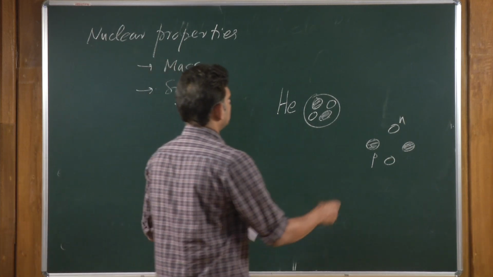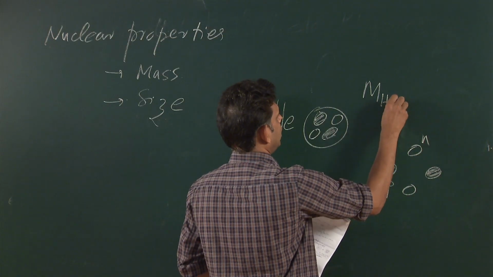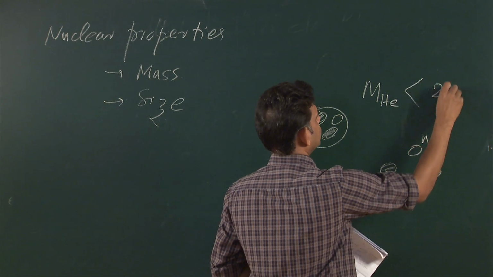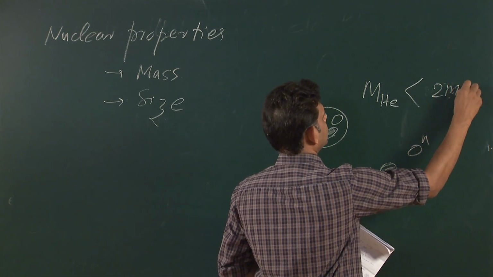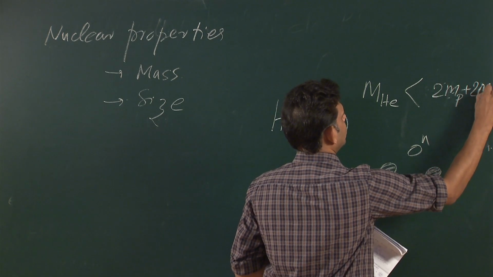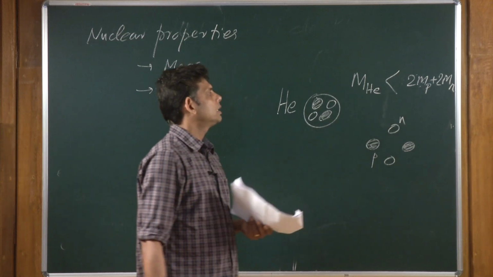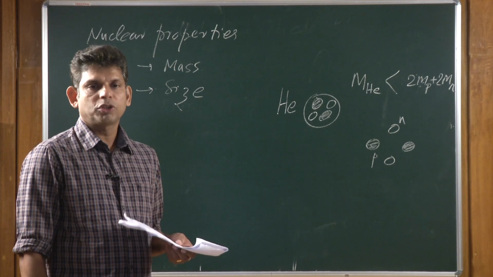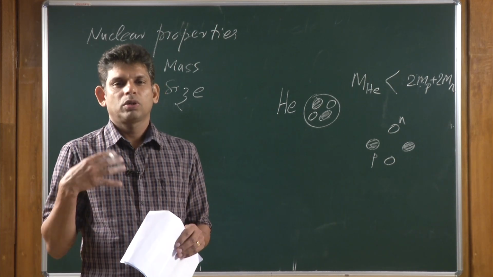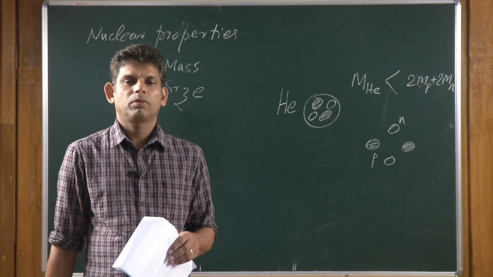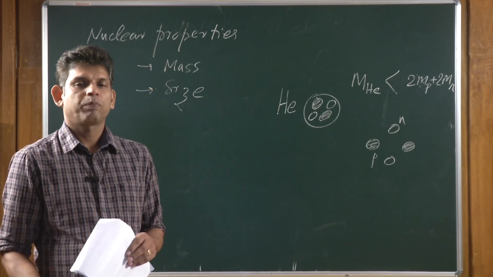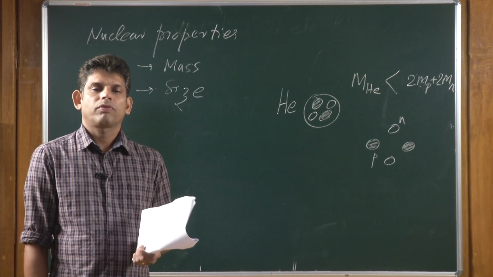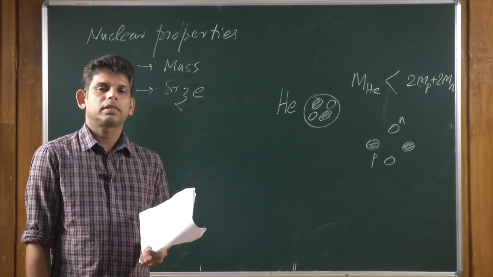Now, when you look at the mass of the helium atom and the mass of 2 protons plus mass of 2 neutrons, there is a difference: the sum of the masses of the constituents, the protons and neutrons inside this helium atom, is larger than the mass of the helium.